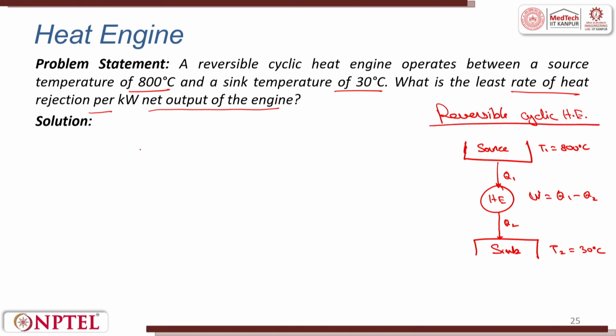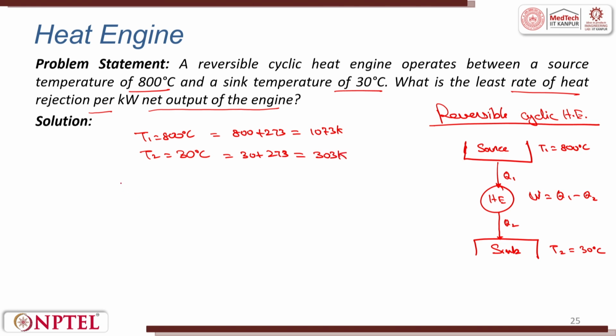Now we have been given T1 as 800 degrees centigrade, T2 as 30 degrees centigrade. We need to convert everything to Kelvin. To convert this to Kelvin, 800 plus 273 is equal to 1073 Kelvin, and 30 plus 273 is equal to 303 Kelvin.